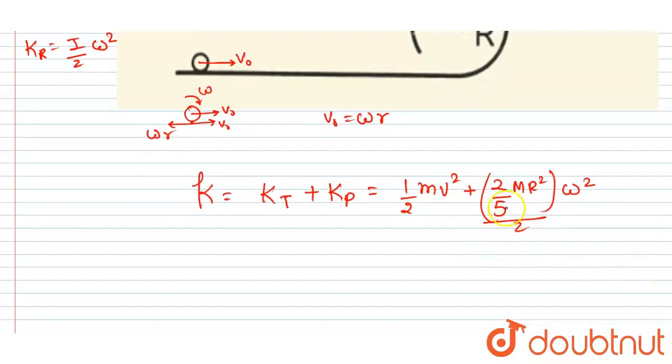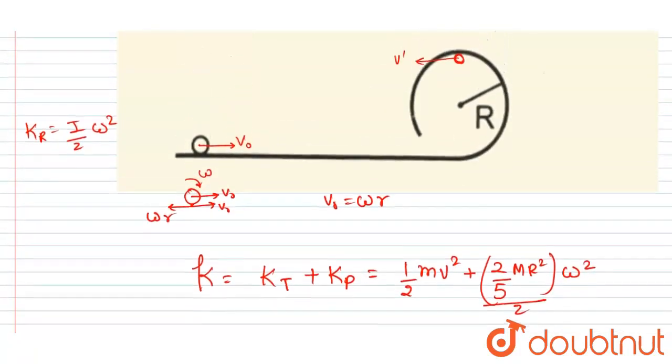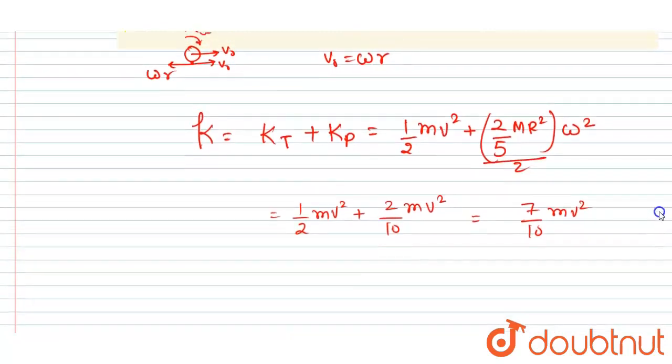So this is 2 by 10, and omega square is v square by r square. Putting in the values, I get half mv square plus 2 by 10 mv square, so 5 by 10 plus 2 by 10, which is 7 by 10 mv square. This will be the kinetic energy of the particle at any instant of the path.